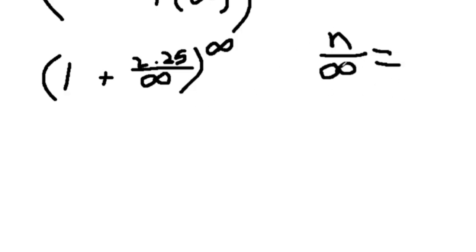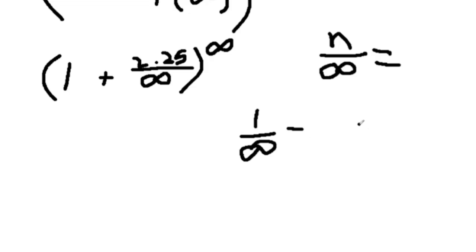So let's give an example here. n is 2.25. Let's just say n is equal to 1 to make it simple. 1 over infinity. Now you may think that this is 0 because it's 1 divided by a really, really big number, and you think as high as that number goes, it'd be 0. But it's not 0.